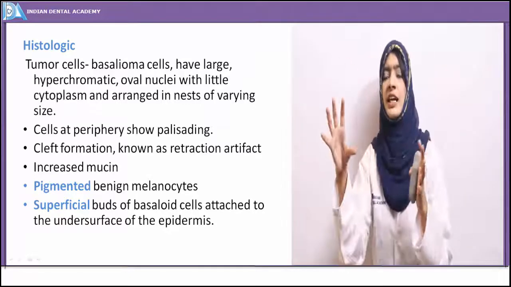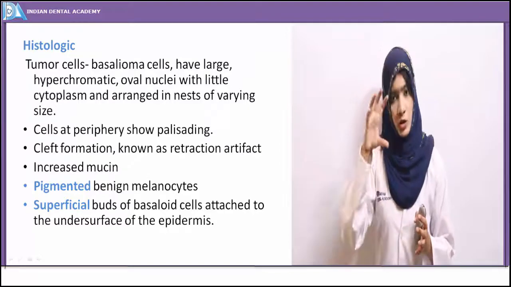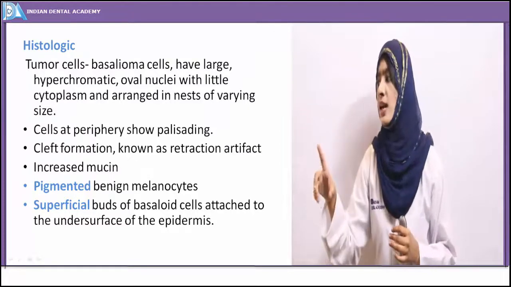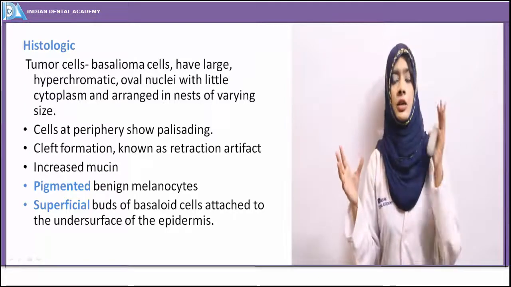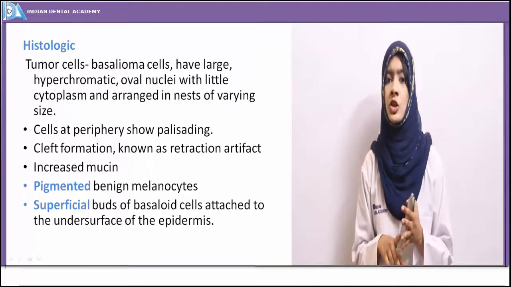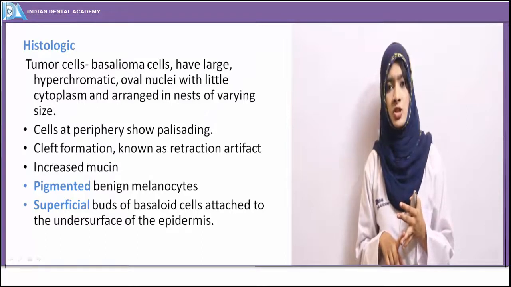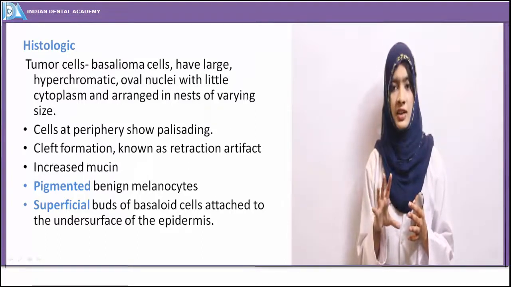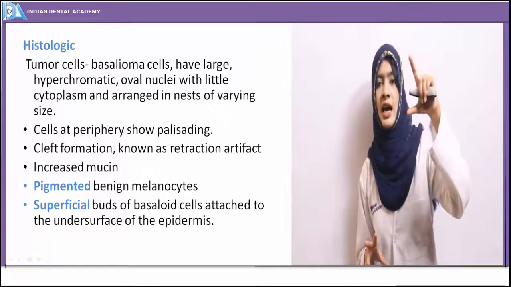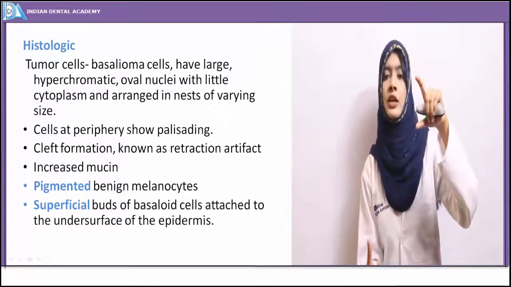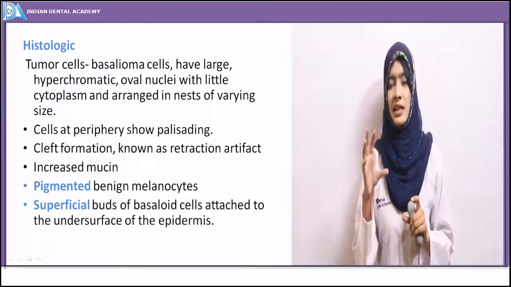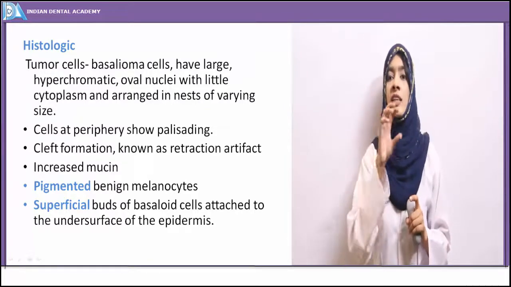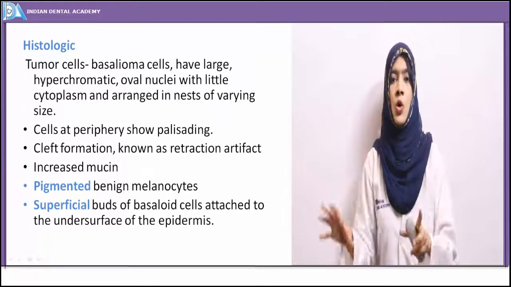Different islands will be seen, and when you see an individual island, the peripheral cells are palisading tall columnar cells, and increased mucin is present in the tumor cells. Because of the increased mucin, sometimes cleft formation known as retraction artifact occurs between the tumor islands and the connective tissue stroma. The stroma, that is the connective tissue, is relatively sparse. Epithelial cells predominate, the islands of epithelial cells will be more in number.